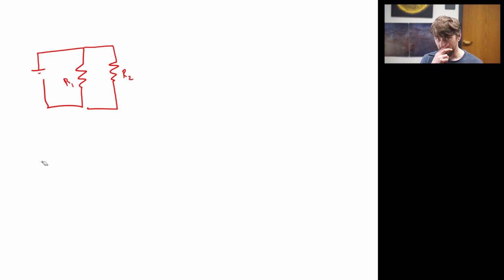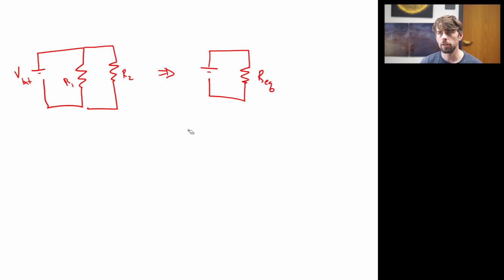Now here, again, we know what the drop has to be. The potential across each of the resistors must be the potential of the battery, by the nature that they're in parallel. And I would like to replace that with a single resistor of some unknown, we'll call it REQ, equivalent resistor.